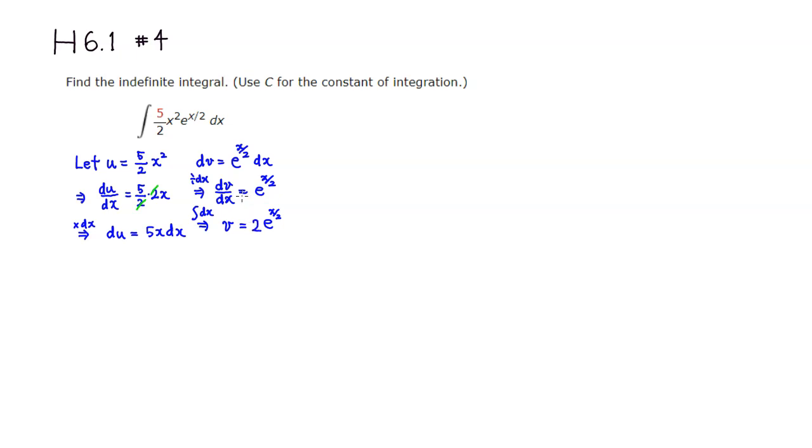And remember that integration by parts goes something like this: the integral of u dv is equal to uv minus the integral of v du.